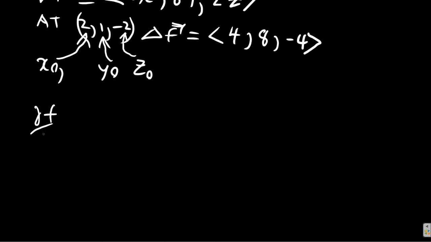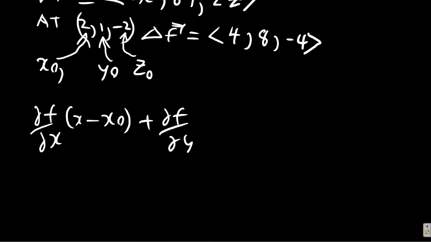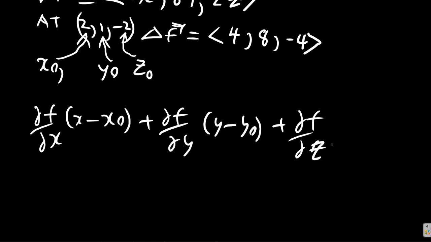Delta f by delta x times x minus x0, plus delta f by delta y times y minus y0, plus delta f by delta z times z minus z0 is equal to 0.